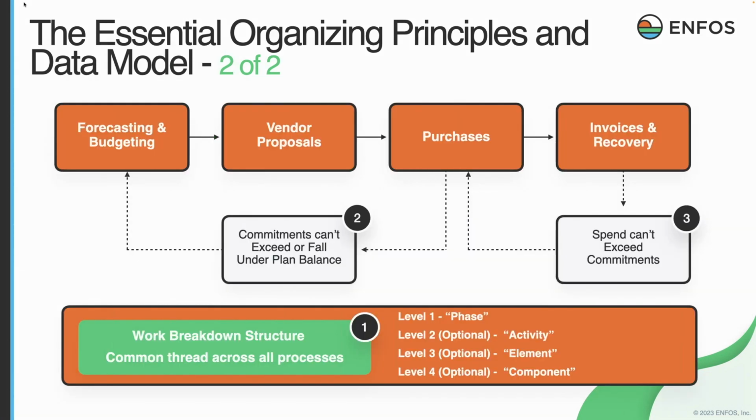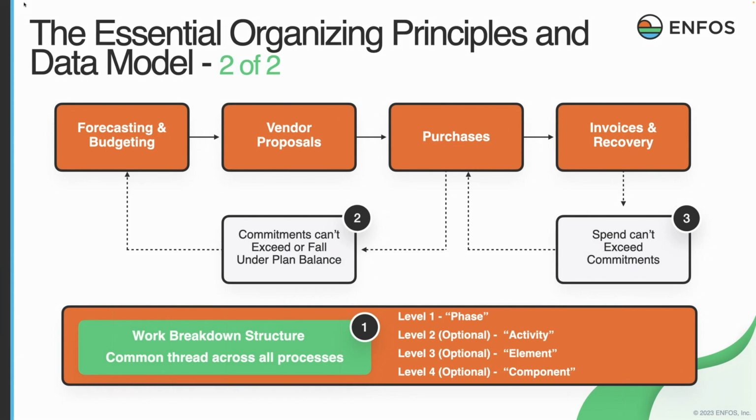Now that the site and AOC hierarchy has been established and the work breakdown structure detail hierarchy has been established, we then move within the data model and the workflow to link all of the financial management key processes. So that's forecasting and budgeting, vendor proposals, and statements of work and cost estimates, committing to those as contracts or purchase or service orders, again, depending on terminology, and then ultimately the actual costs, invoices and cost recovery.